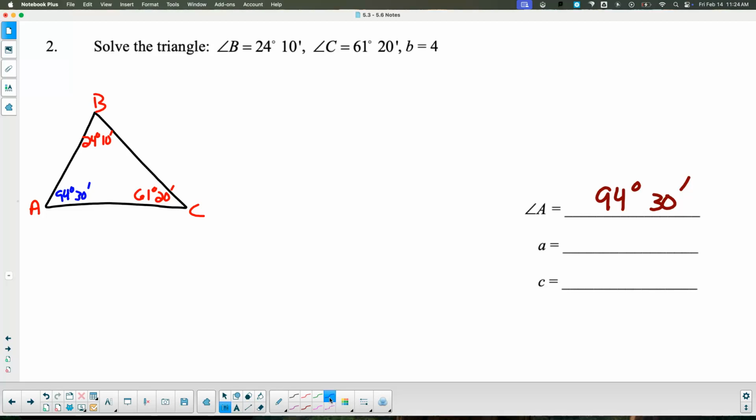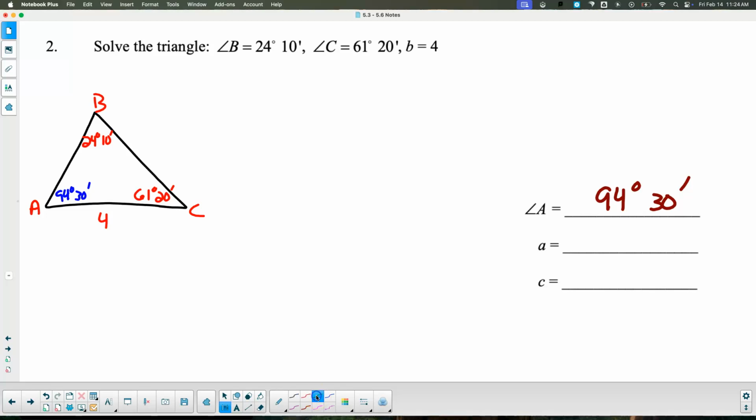Right? 180 minus 24 minus 61 gets me 95. Minus 10 minutes would be 94 degrees, 50 minutes. Minus 20 more minutes would be 94 degrees, 30 minutes. Also know that side B is 4.